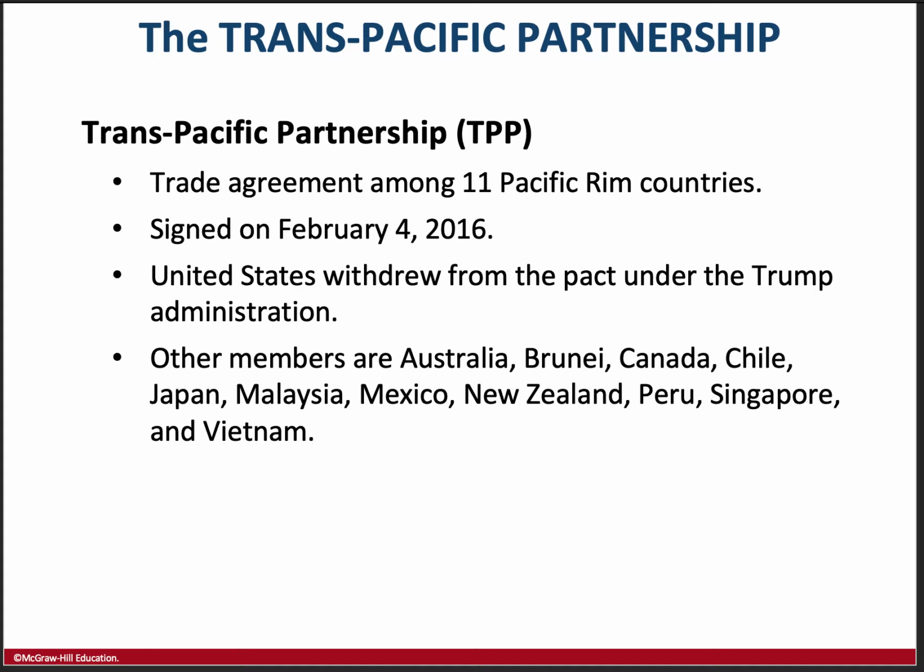The other members that make up TPP are Australia, Brunei, Canada, Chile, Japan, Malaysia, Mexico, New Zealand, Peru, Singapore, and Vietnam. And yeah, so we'll see what happens with TPP, whether or not under President Biden we realign into that pact or not.